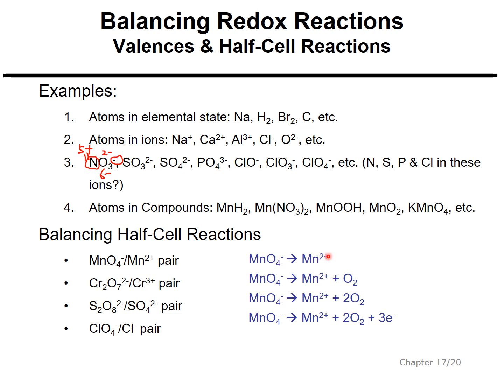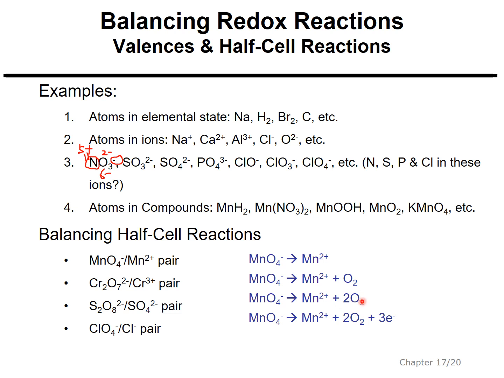On the right hand side we don't have any oxygen species, so plus oxygen molecules. Then it's time to determine the stoichiometric coefficient of each entity. One manganese, so just 1, and 4 atoms of oxygen on the left, so we need 4 atoms of oxygen on the right side, so 2 oxygen molecules.